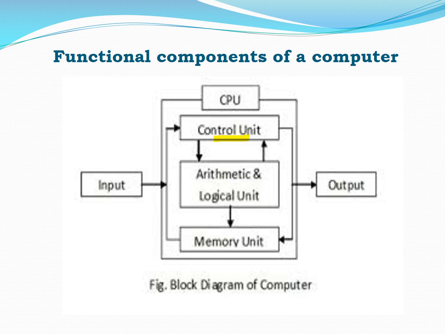The next is the arithmetic and logic unit, which we can also call the ALU, and the memory unit. These are the three major units present in the CPU. And we also have an input unit and an output unit. These are the different units in the basic block diagram of computers.